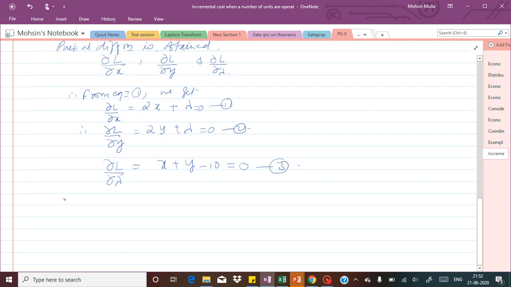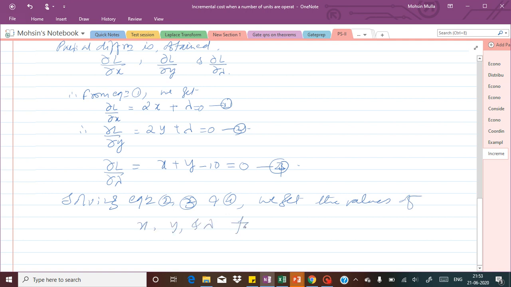So solving equation 1, 2 and 3, we get the values of x, y and lambda, for which the given function f of x is optimum.